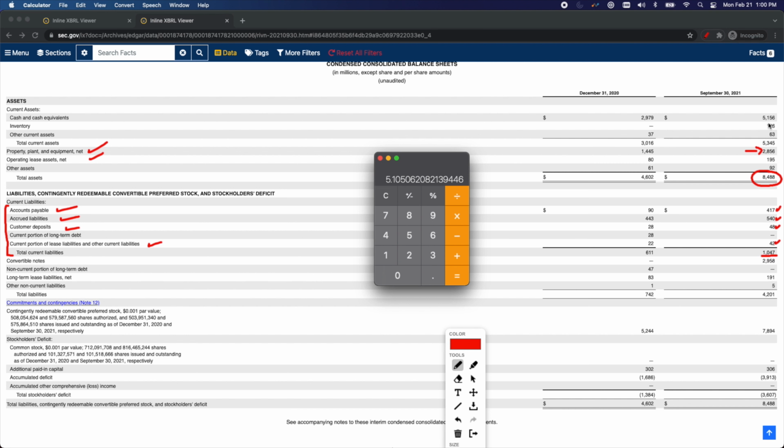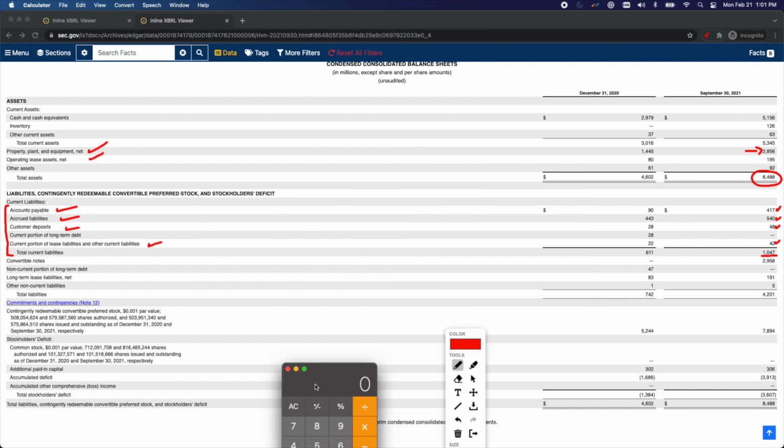Because they have so much cash, at least in the short term, Rivian should not run into any financial trouble. They have pretty much 5x their current liabilities in current assets. So no, they shouldn't run into any problems in the short term.